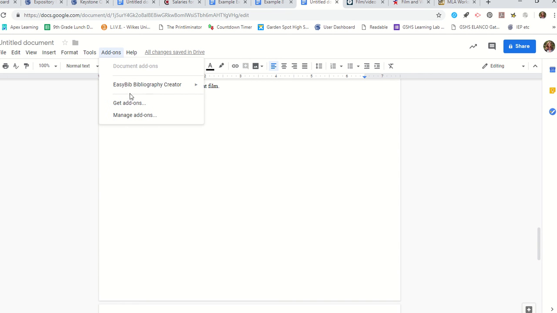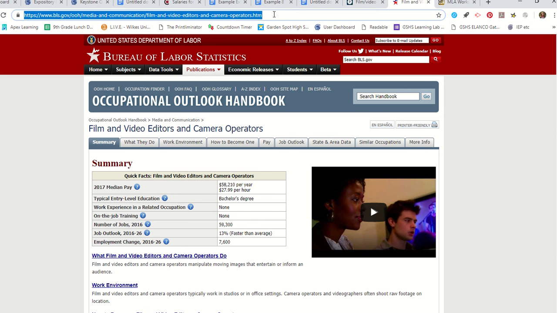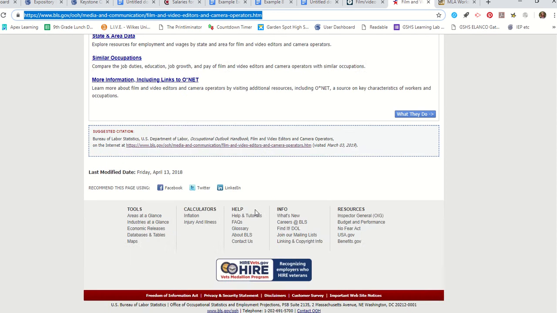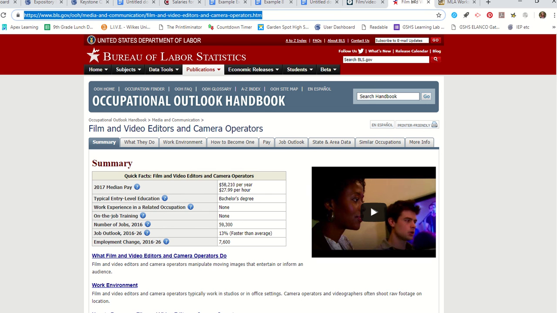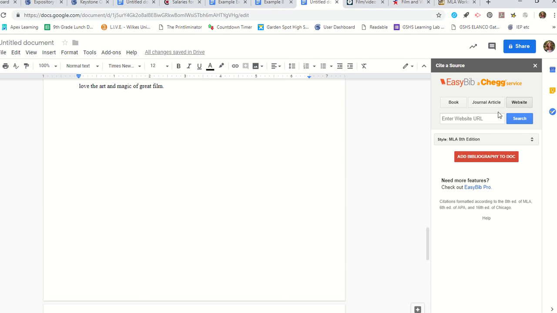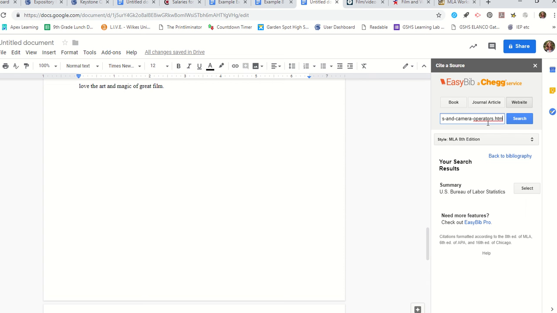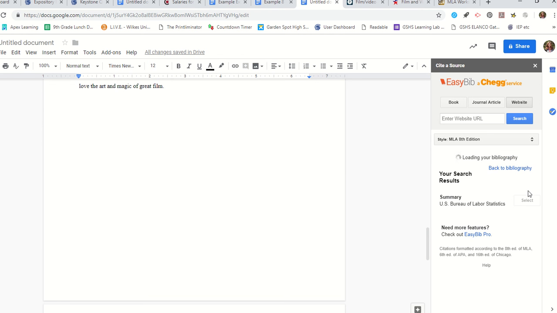So add-on, I would have to get it if I don't have it. If I have it, I go to EasyBib, Manage Bibliography. Here's my first source. If I only used information from the summary page, then that's all I would need to cite. But if I used other pages, then I would do this multiple times. So I select my source.